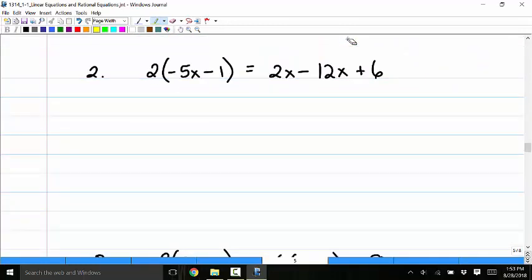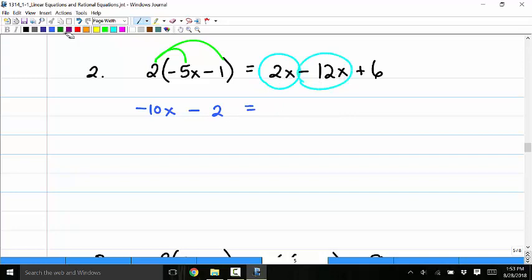Number 2, if I were to try to solve this one, I get -10x - 2 equals, I'm going to go ahead and collect like terms, 2x - 12x is -10x, plus 6.